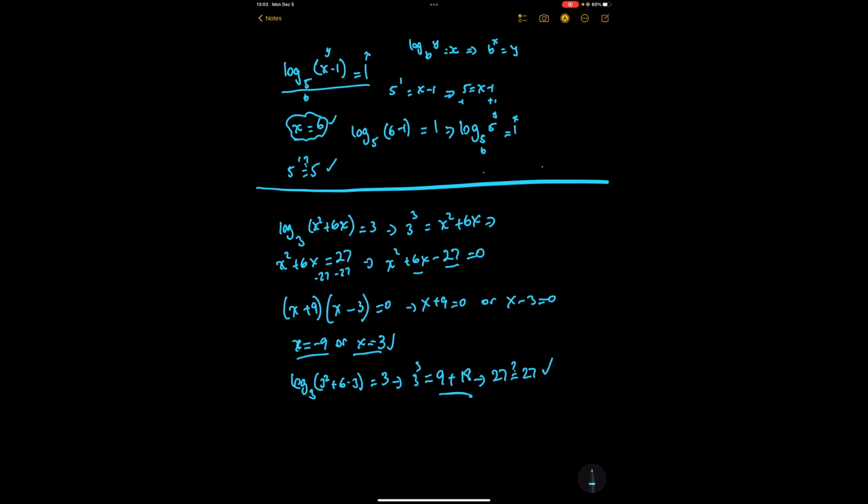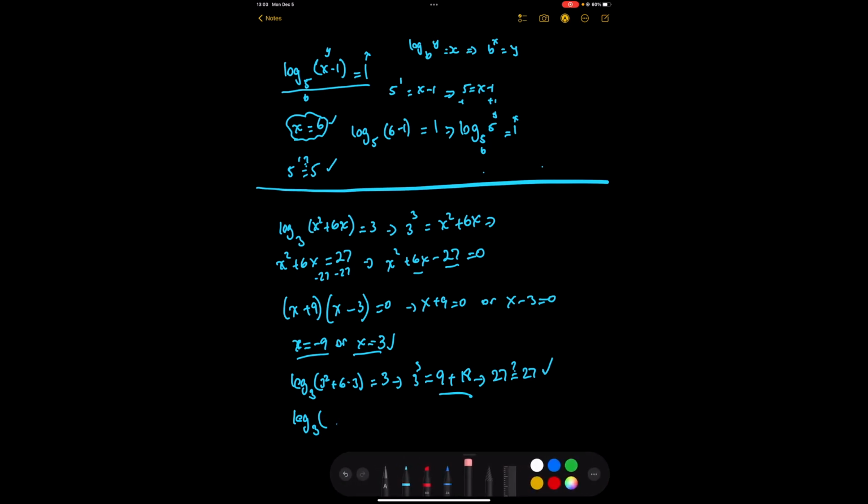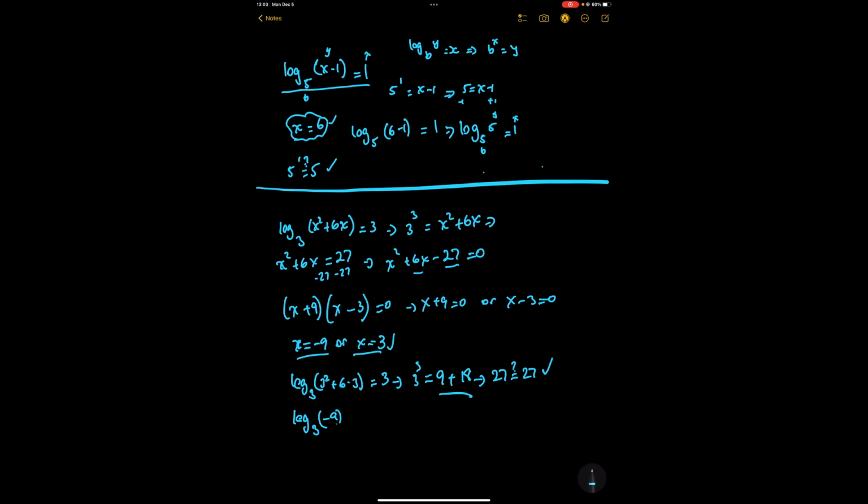How about negative 9? We have log base 3 of negative 9 squared plus 6 times negative 9 equals 3. So we would have 27. What is negative 9 squared? It's going to be 81.